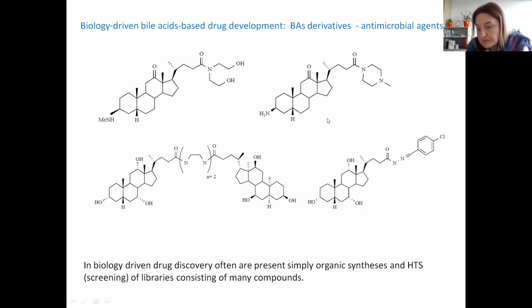On the other hand, multi-step syntheses are quite often present in organic synthesis. So I believe that this is more like chemistry-driven drug development. Maybe you can say that it is more sophisticated, because you have to synthesize that designed molecule, not many different compounds, but a designed molecule.